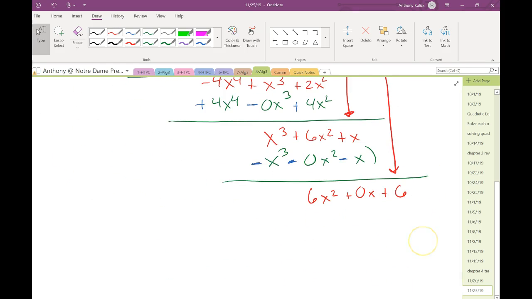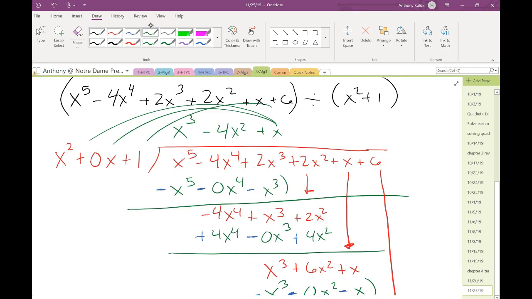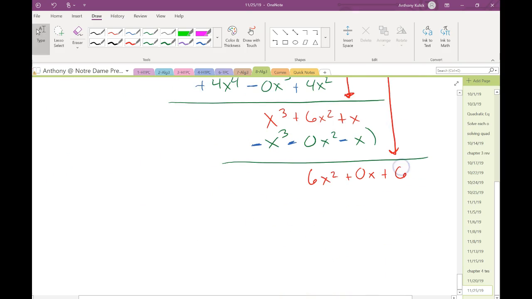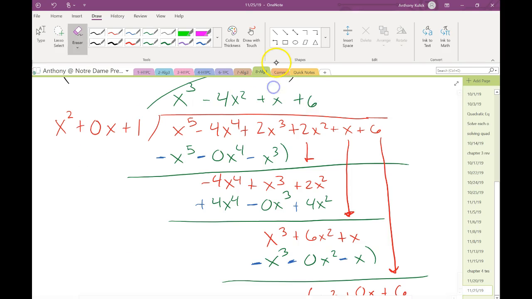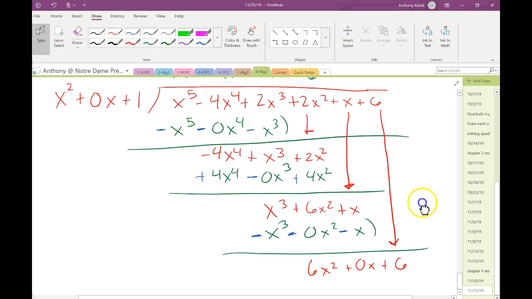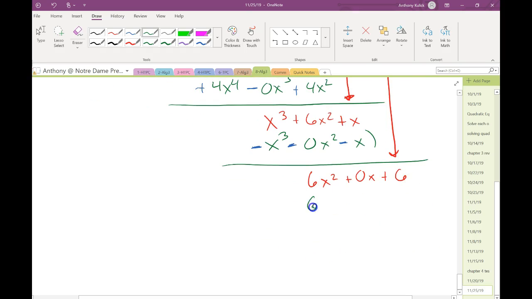Okay. So my last step here then, what times x squared gives me 6x squared? 6! And when I multiply that to all three pieces, I get 6x squared plus 0x plus 6.